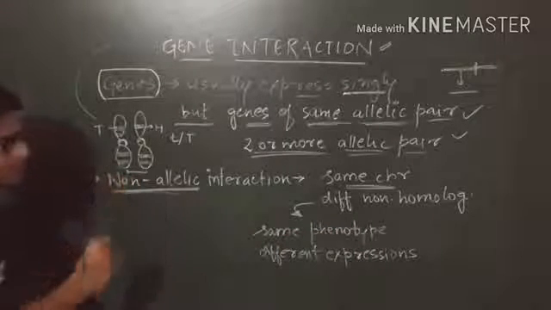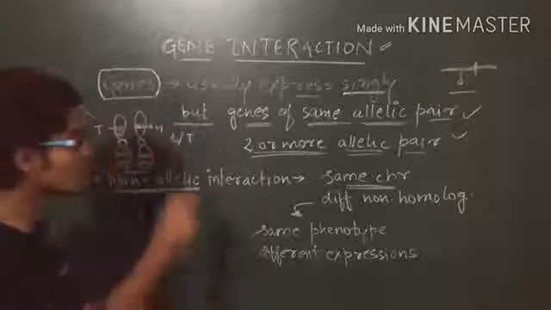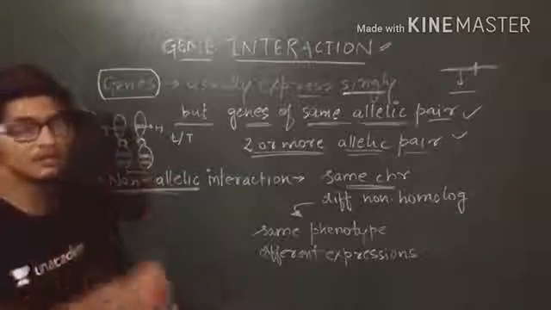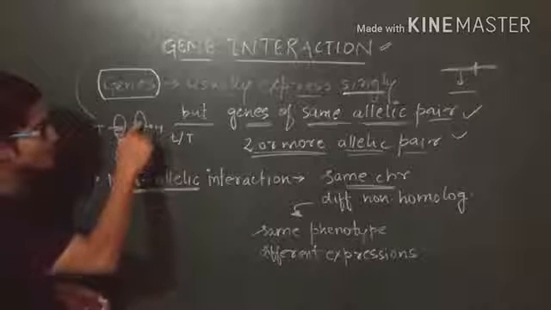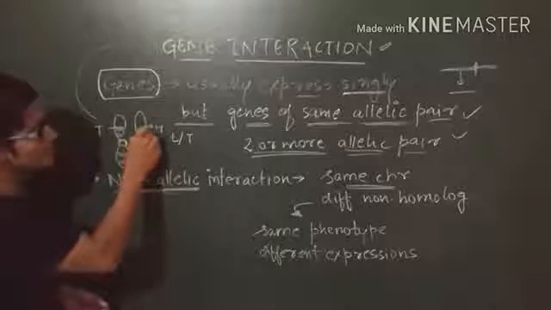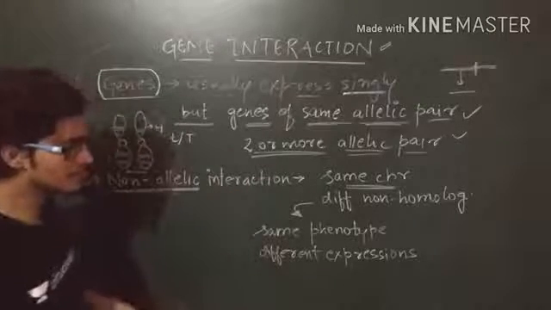Means if they are present on different chromosomes, तो वो non-homologous chromosomes पर present होंगे. They are not representing the same character at same time. For example, if this is a gene, then at different chromosome it will be somewhat shifted, right? उस तरीके से हम बात करेंगे.